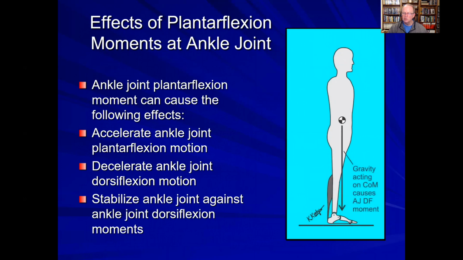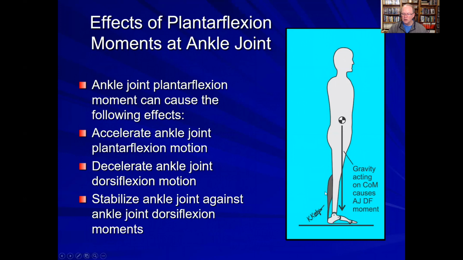In this case, where we're standing with our center of mass anterior to the ankle joint axis, gravitational acceleration acting on our center of mass is going to be creating a downward pulling force, which is also going to cause a ground reaction force anterior to the ankle joint that is going to cause an external ankle joint dorsiflexion moment.